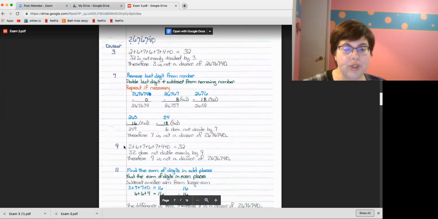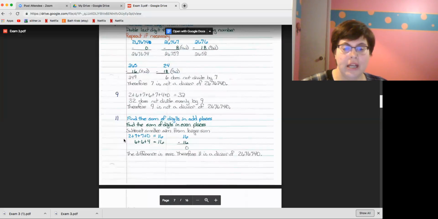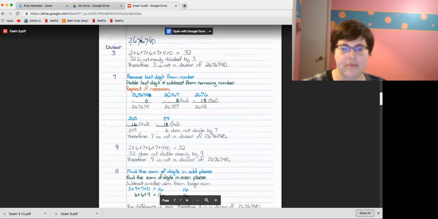When we come to the divisibility rule of 11, for this number, let's see what we got. 2,676,740. Well, we're going to find the sum of digits in odd places. The odd places, 0, 7, 7, 2.